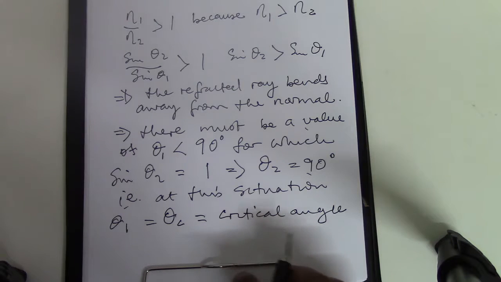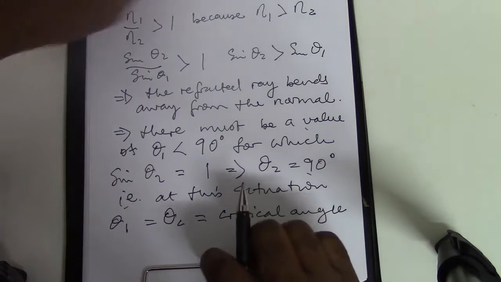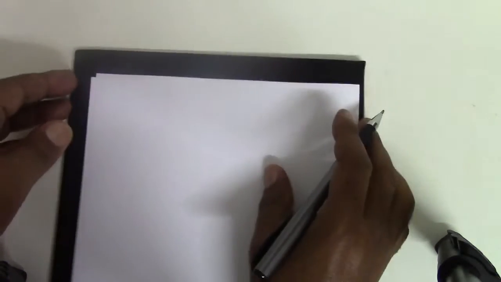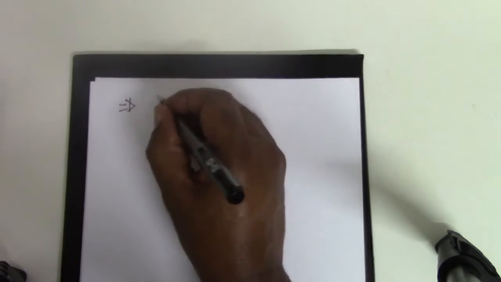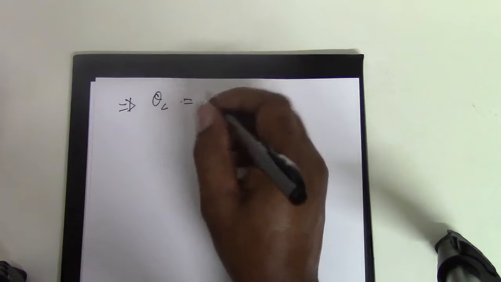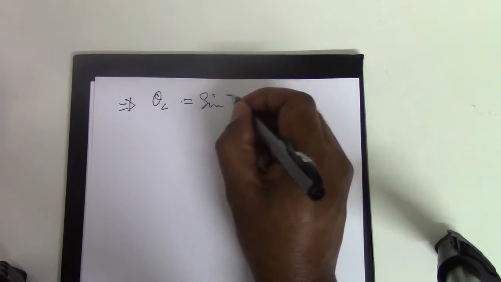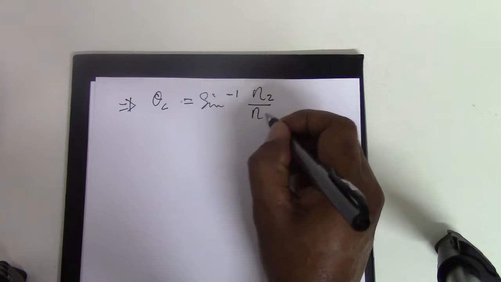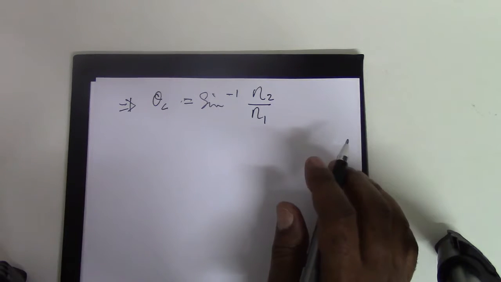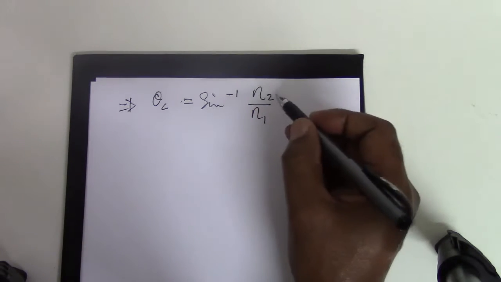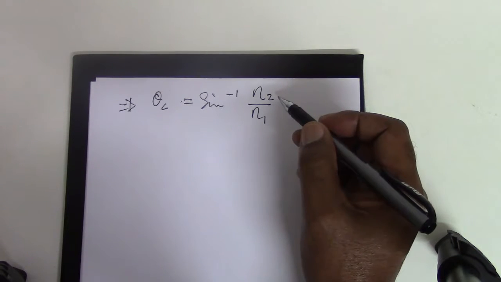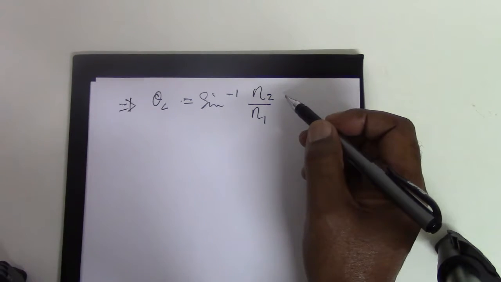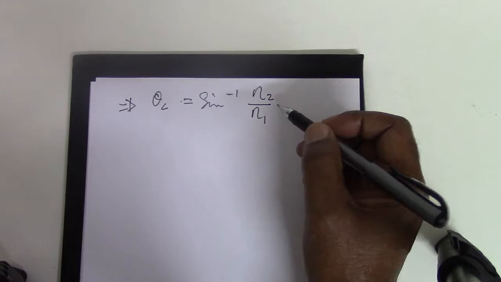So theta c mathematically can be given by: it follows that theta c will be equal to the sine inverse of mu2 over mu1, where, as we have discussed, mu2 is the refractive index of the less dense medium, and mu1 the refractive index of the denser medium.